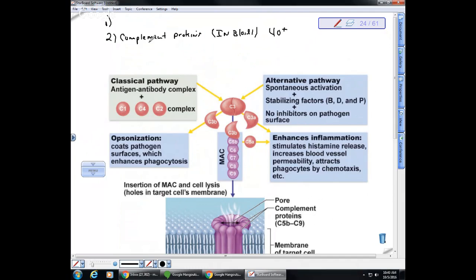So they insert themselves into the plasma membrane of a bacteria, and they create pores. So it would be analogous to shooting it with a bullet, because it creates a hole in the cell, and then rather than stuff leaving, it actually causes stuff to move in, right?